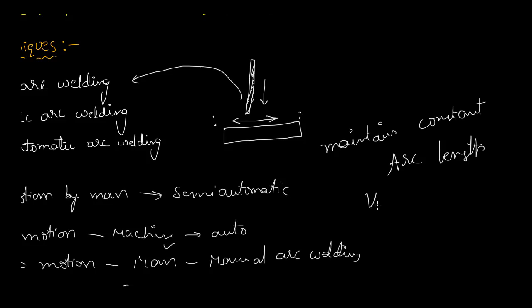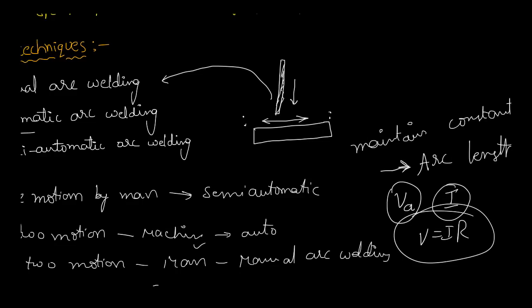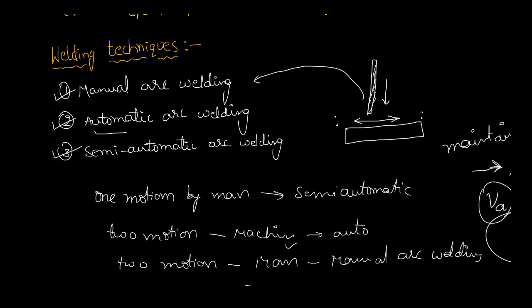That means the arc voltage will change, and current will change. If voltage changes, definitely current will change based on Ohm's law. We know that V equals IR. But we cannot maintain constant arc length in precision equipment because of our hand shaking movements. So it is better to use automatic arc welding in mass production systems. That will be viable when compared to manual arc welding.